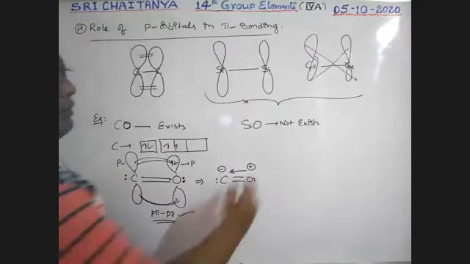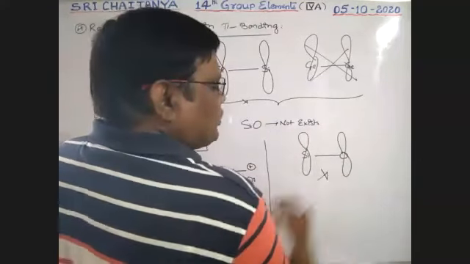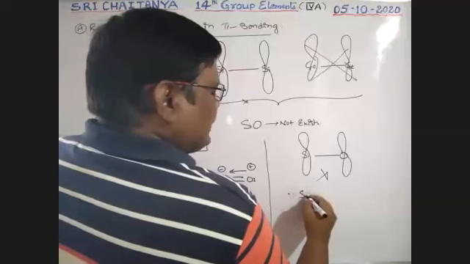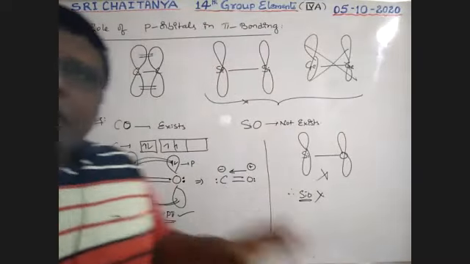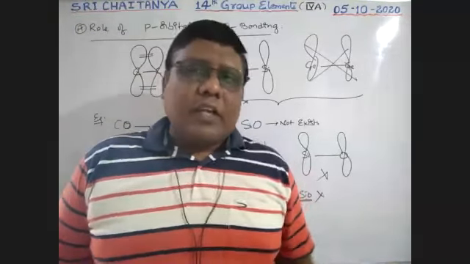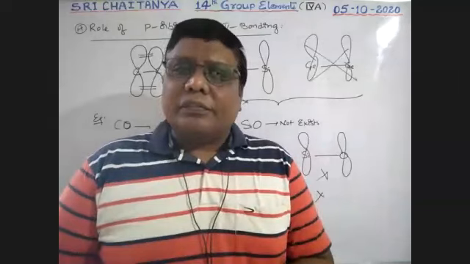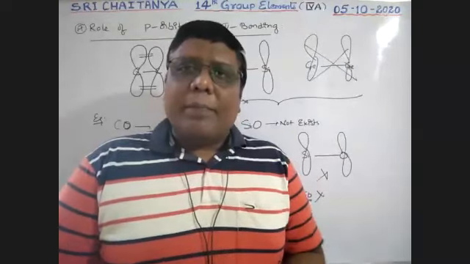See here, silicon and oxygen: here p pi bond is not possible and therefore the SiO molecule does not exist. So the monoxide of carbon exists, the monoxide of silicon does not exist because of the absence of p pi bond formation.